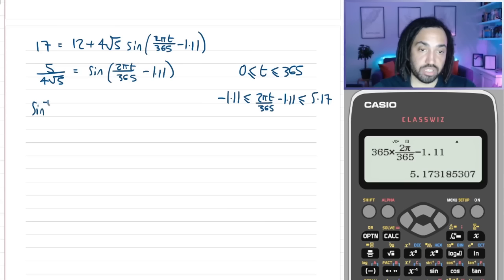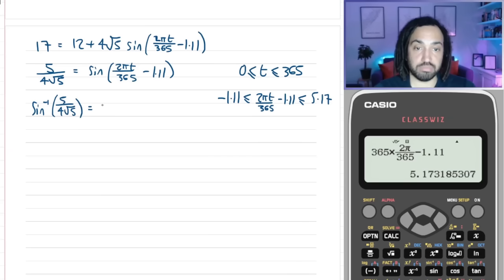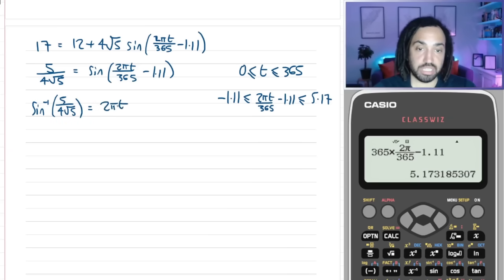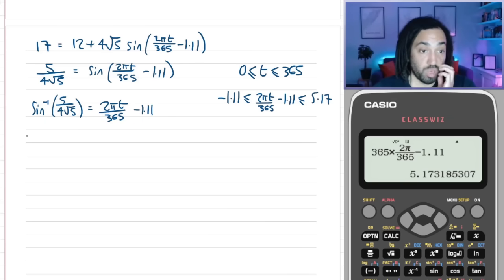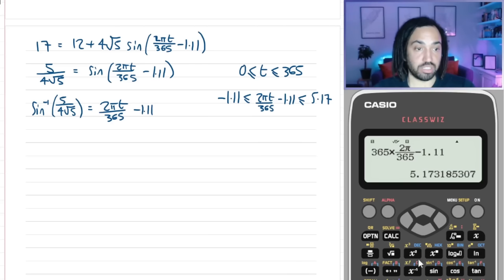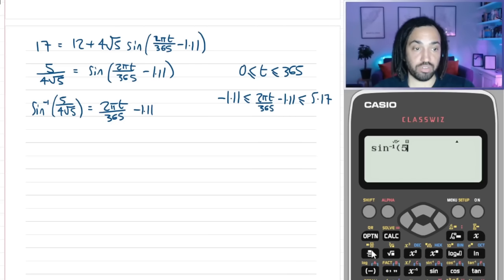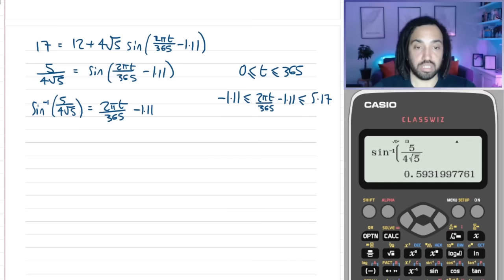So we'll do inverse sine of both sides, like so, and this will give us 2 pi t over 365 minus 1.11. So what is that inverse sine? So inverse sine of 5 over 4 root 5 will give us, okay, brilliant.